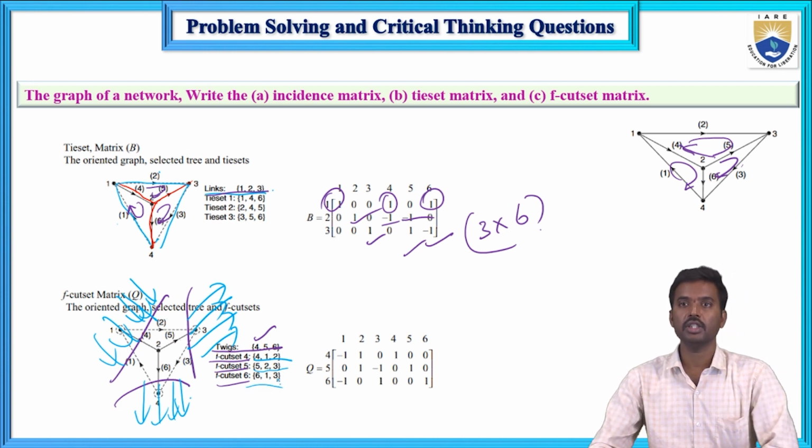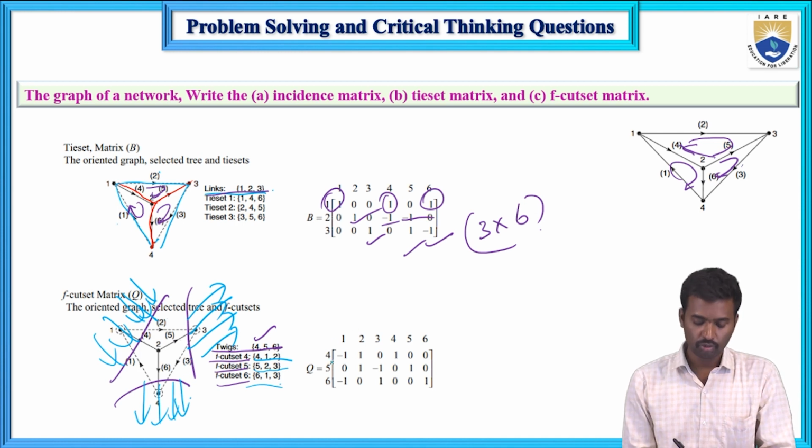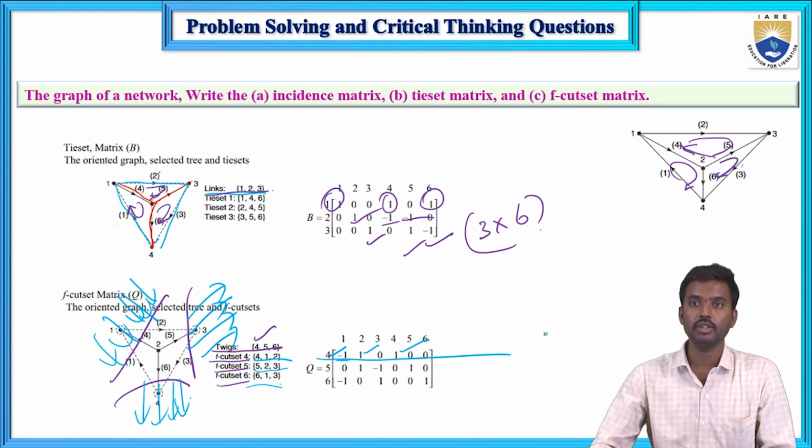Now see the orientation and fill the elements. First one, the fourth: 1 is opposite direction, minus 1, and 2 is the same direction, and the fourth one is the same direction. This row is okay.